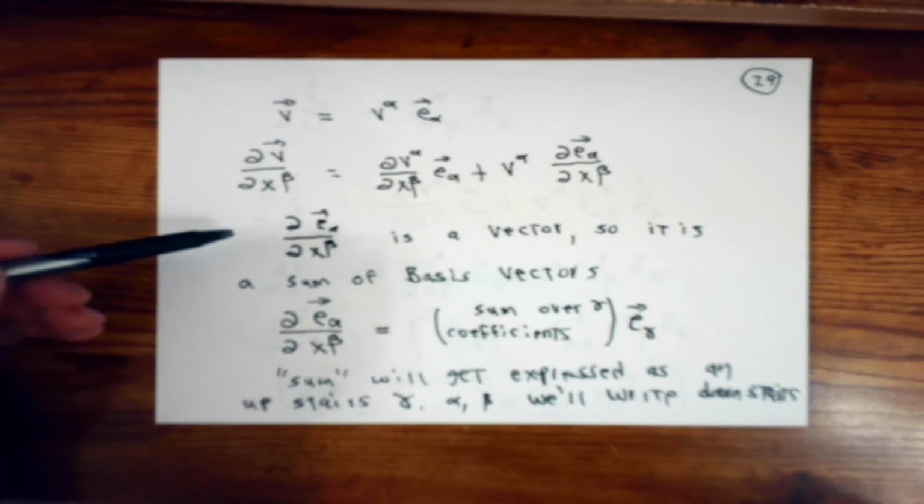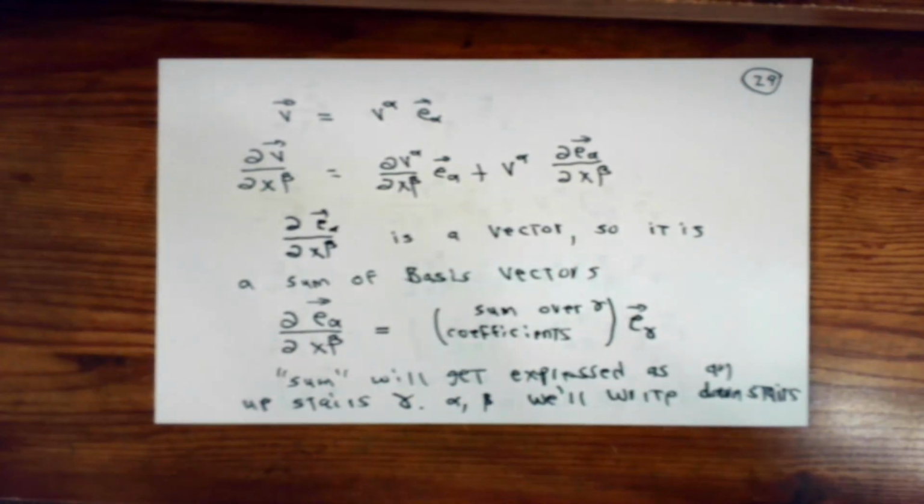If you look at the definition of the partial of E alpha with respect to X beta, it's the limit of E alpha at one spot minus E alpha at another spot divided by a scalar. Every one of those quantities is a vector. Vector minus vector divided by number is a vector.